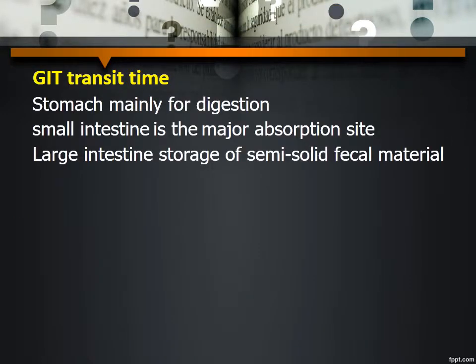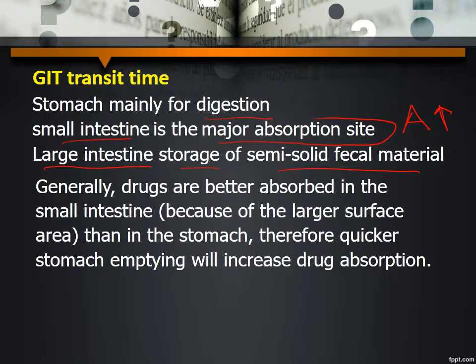So here we further explain in words. The stomach is mainly for digestion, and the small intestine is the major absorption site due to the high surface area, whereas the large intestine is used for storage of semi-solid fecal material. In general, drugs are better absorbed in the small intestine because of the larger surface area than the stomach.